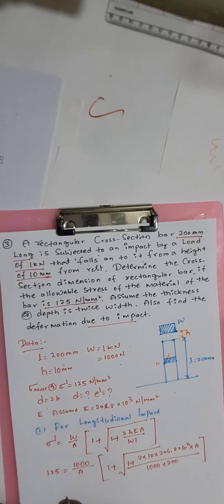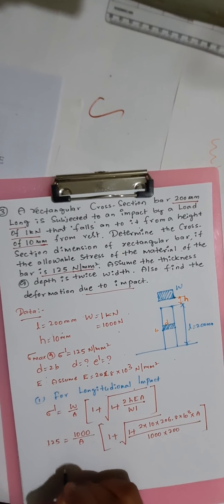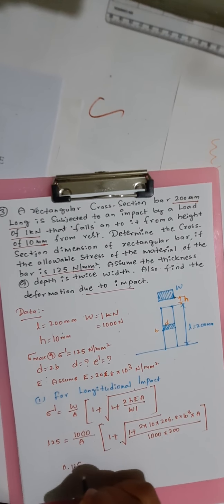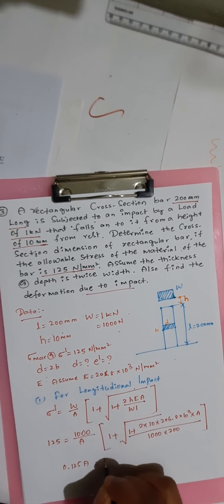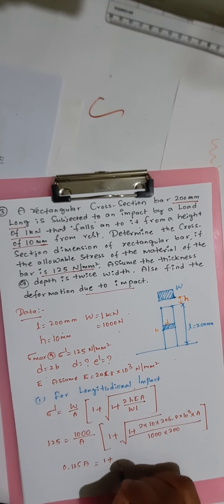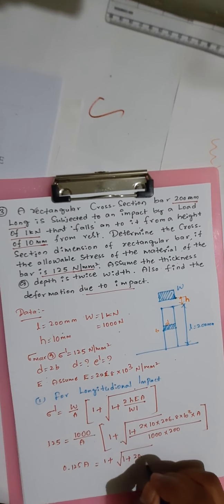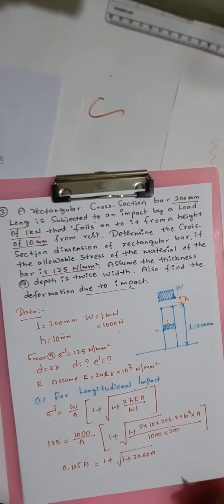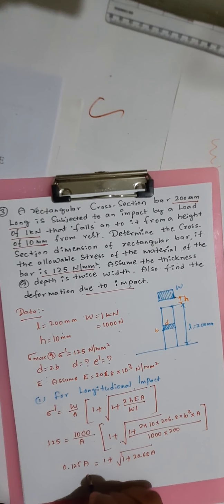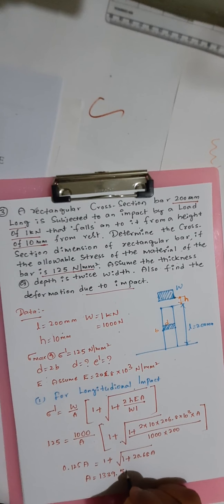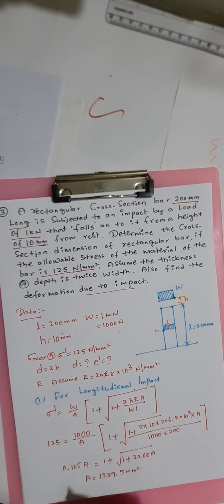If we simplify this equation, we get 0.125 A is equal to 1 plus square root of 1 plus 20.68 A. Further simplifying, A is equal to 1339.52 mm square.